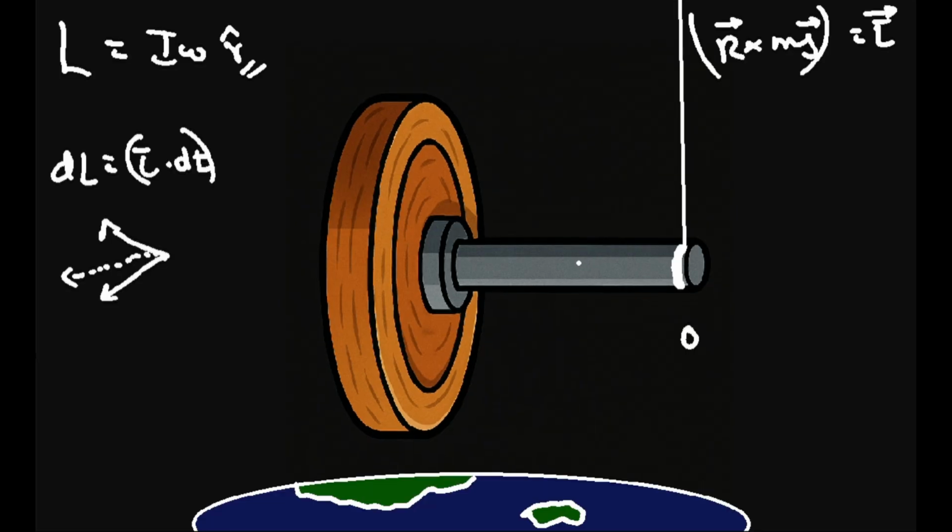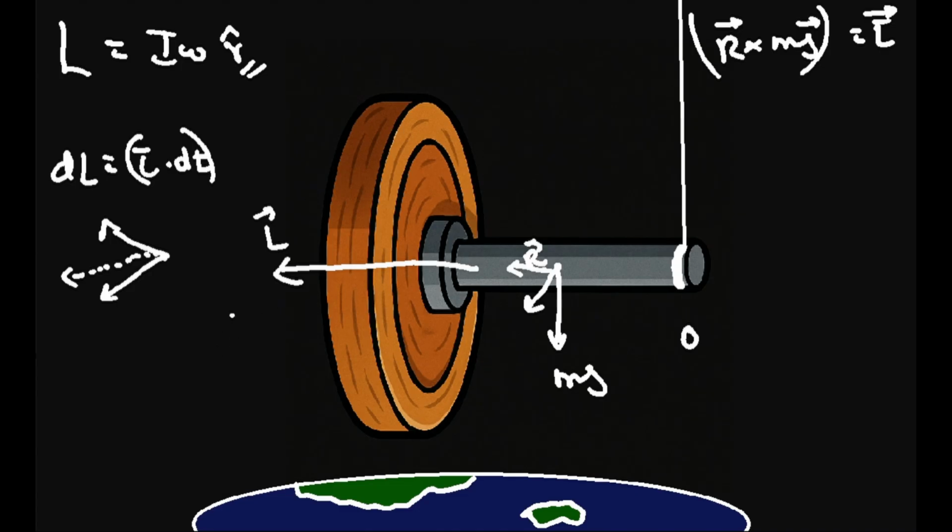Will the torque stop? No, it has torque again. In this downward direction it is mg, and this direction is the r. So again the torque will be perpendicular to this rod, towards you, like in this direction. This direction is towards me, okay? And we know that the angular momentum's direction is along this rod in this direction. So again the torque acting is perpendicular to this angular momentum.